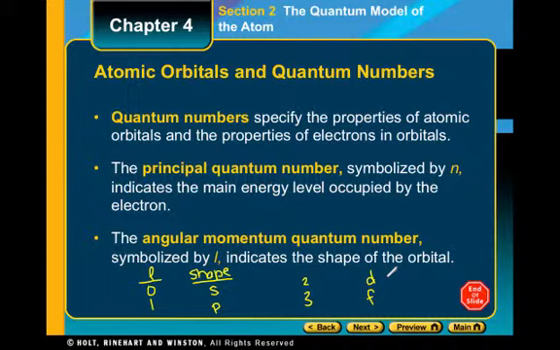Same with when we get up to n equals 5, you'd have 0, 1, 2, 3, 4. So you'd be S, P, D, F, and there's a G sublevel. But G sublevel is only used if they're in an excited state.